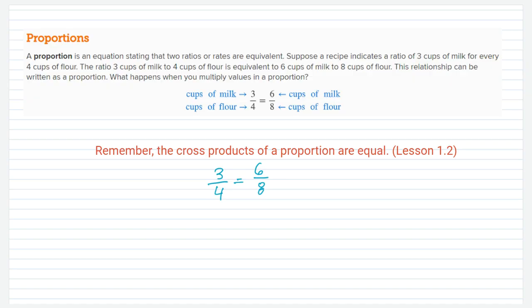Cross products means you take the numerator of one ratio and multiply by the denominator of the other, and vice versa. We'll have 3 times 8, and we're asking, does that equal 6 times 4? In this case, it for sure should, since they told us these are equivalent ratios. So when you have equivalent ratios, those cross products are going to be equal.